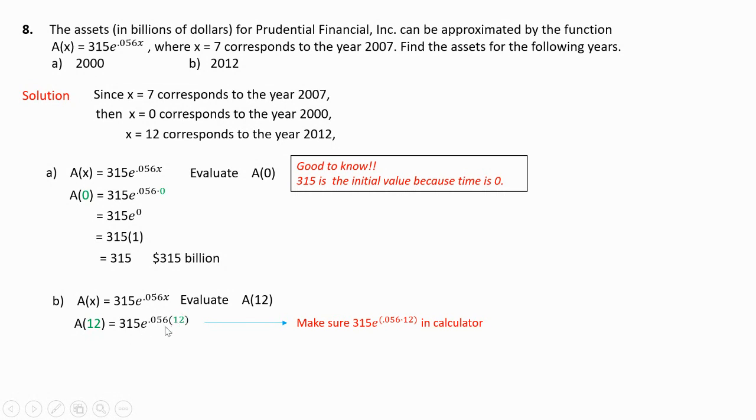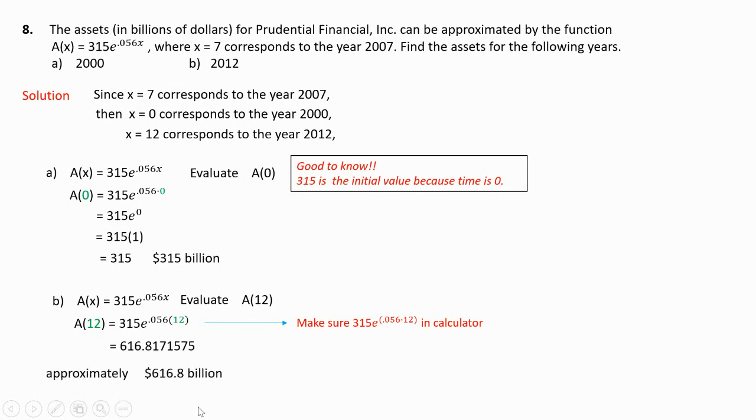Depending on your calculator, this might be wrong because the calculator follows PEMDAS, order of operations. So to make sure it's correct, it's going to be e to the power of 0.056 times 12, and then close parentheses. That way, this is the whole exponent. So make sure it's in that form.